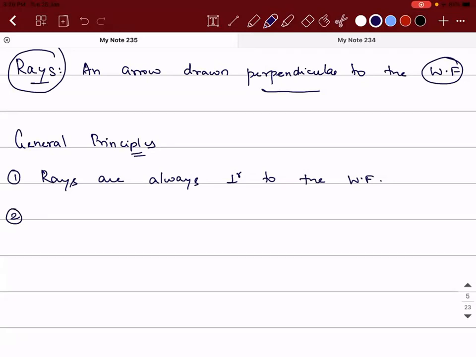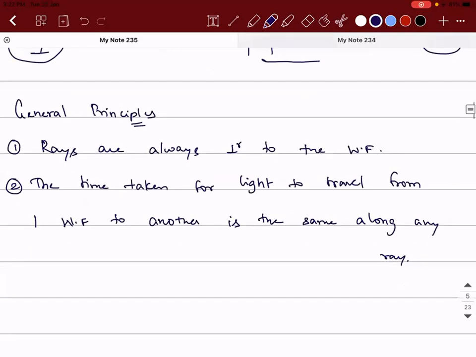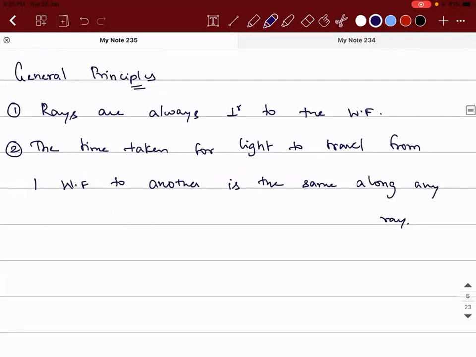Second, the time taken for light to travel from one wavefront to another is the same along any ray. Try to understand. Suppose I have two spherical wavefronts. Two spherical wavefronts are produced due to the point source.